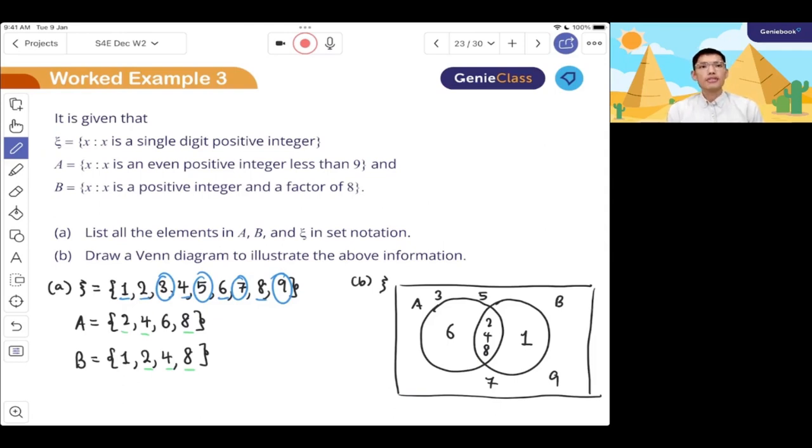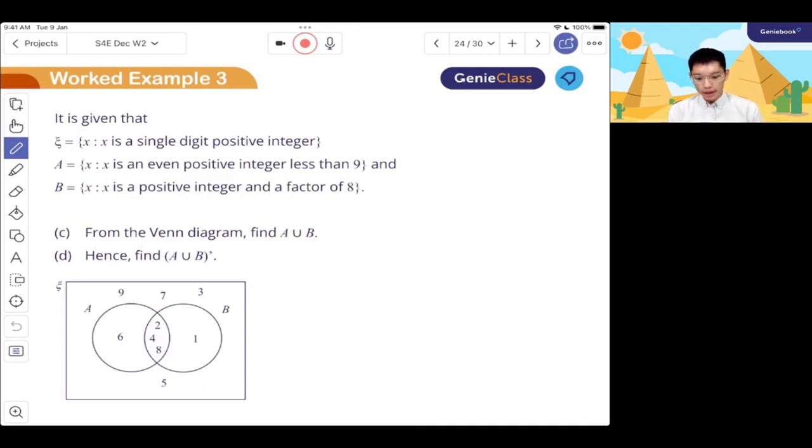And henceforth, what are the questions that can come out with this particular Venn diagram? They can ask you, from this Venn diagram, I want to find A union B. In this case, can anybody tell me what is one element in A union B?